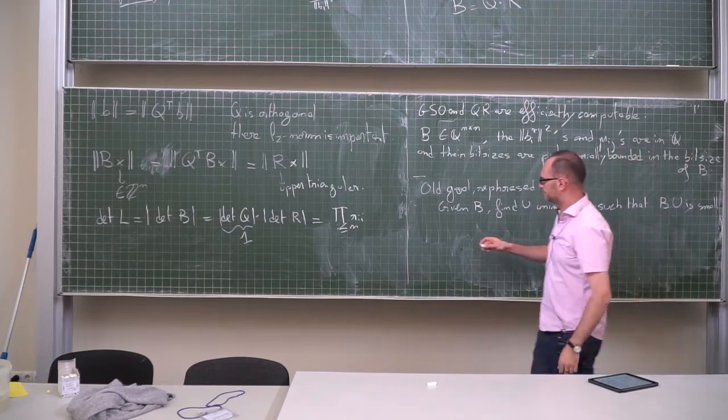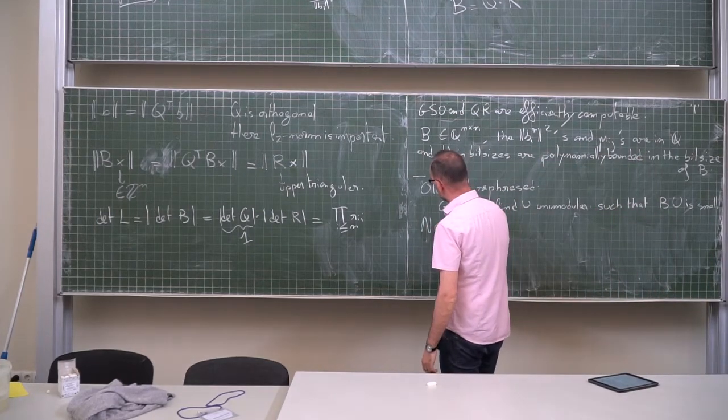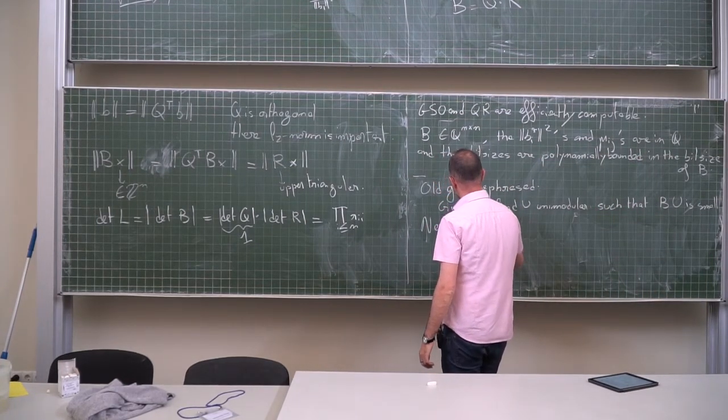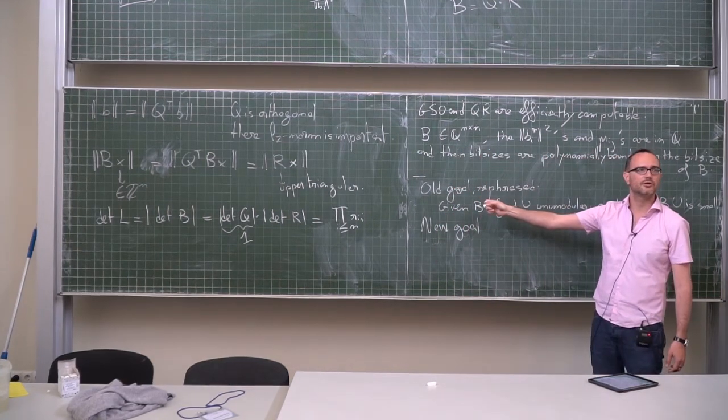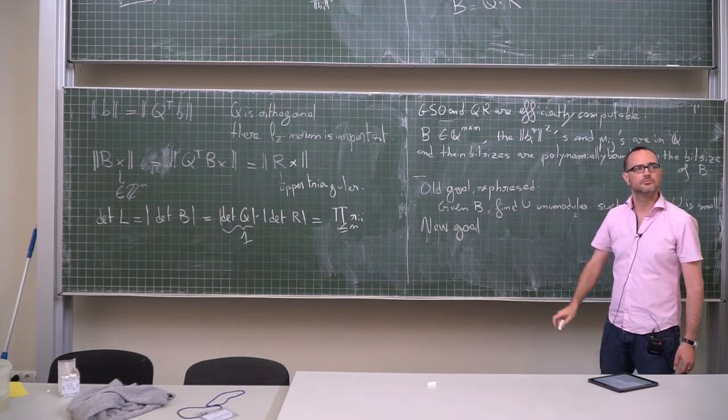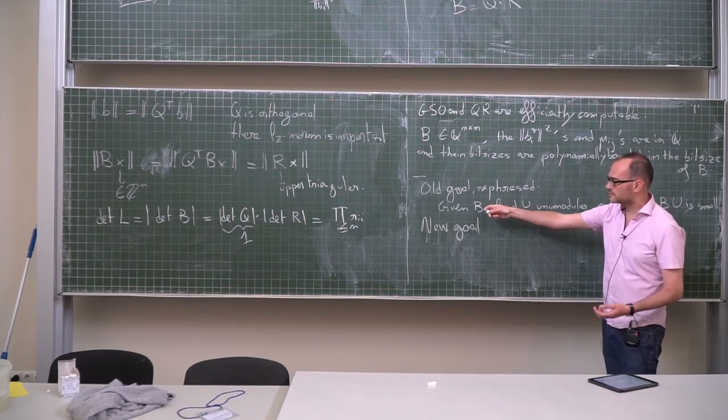And now, my new goal. In particular, this problem involves n squared rationals as input. So it's a problem over n squared variables.